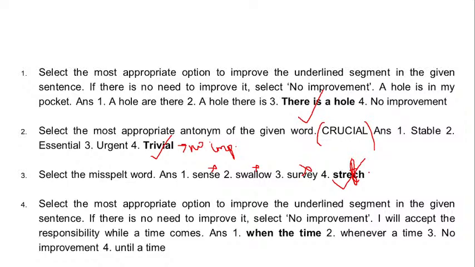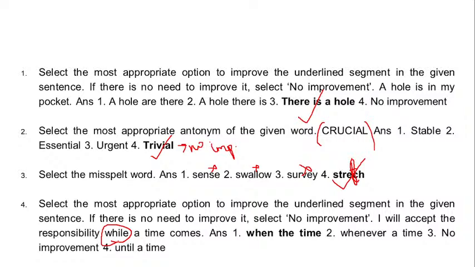Our sentence is, I will accept the responsibility while a time comes. So this is a question regarding conjunction. When you study conjunctions, you have to see that correct words are used to join two sentences. There are various kinds of sentences, conditional sentences that use but, when, like this.